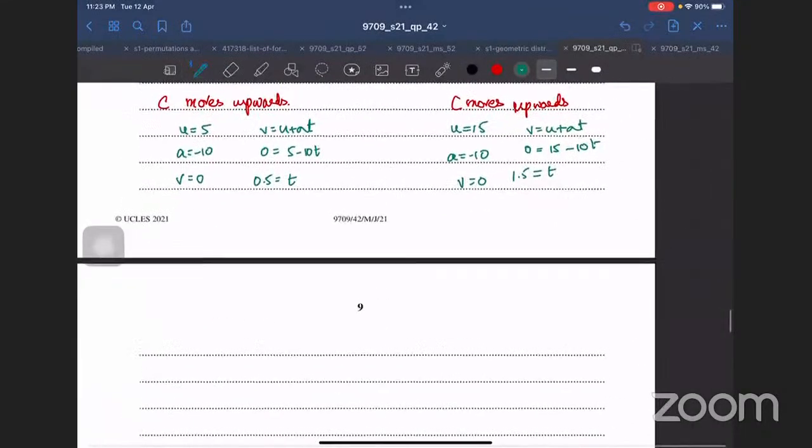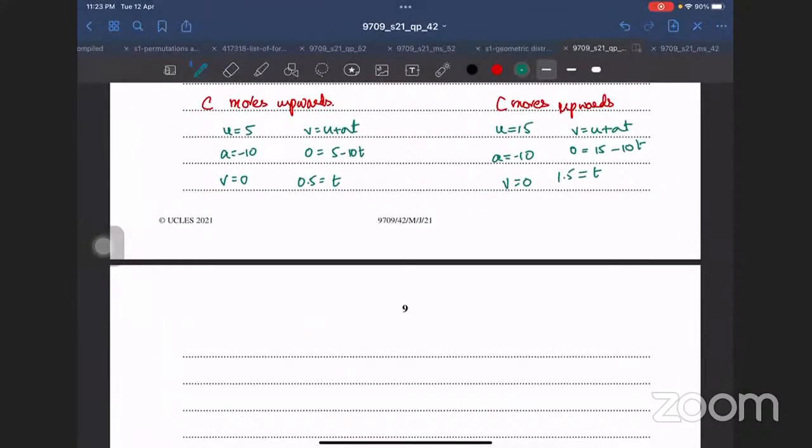Then the particle has to come down as well. I must find out how much distance it has traveled up. So v squared equals u squared plus 2as. I would also have done this together by saying that I would want the displacement to be a certain number, but let's calculate. So 0 equals 5 squared plus 2 times minus 10 times s.